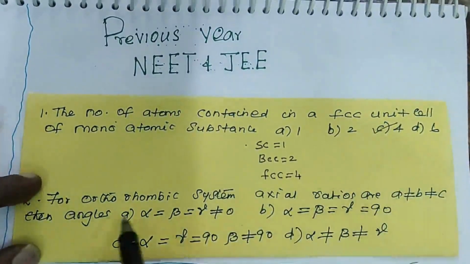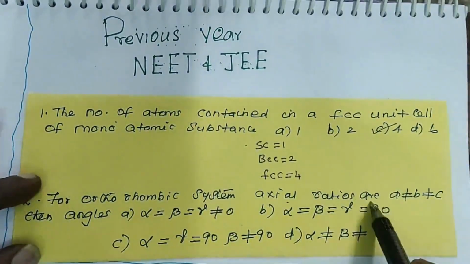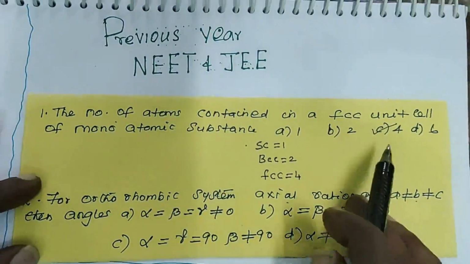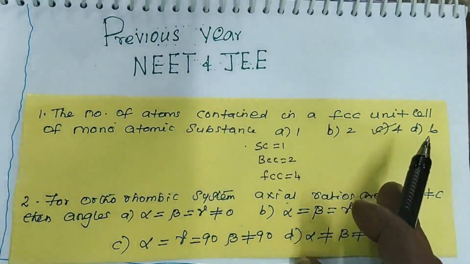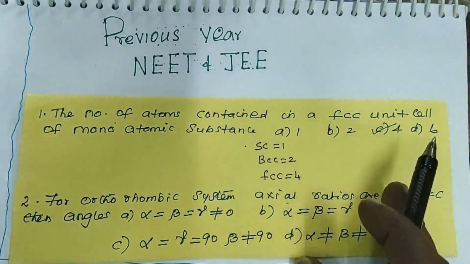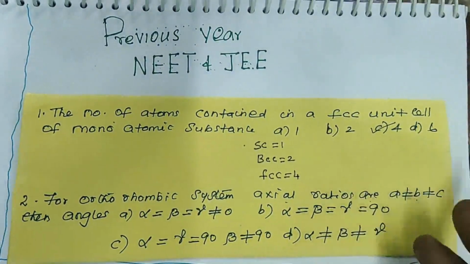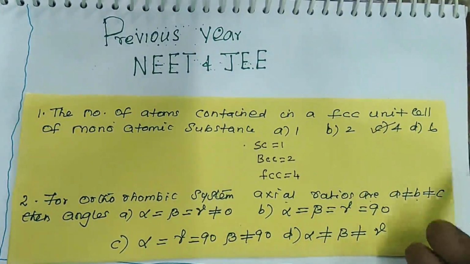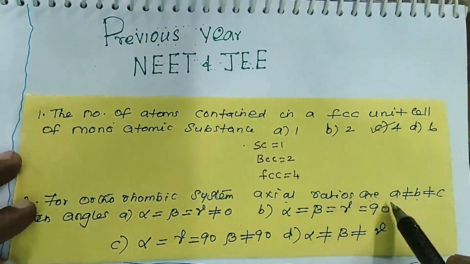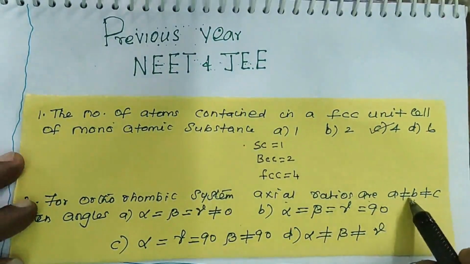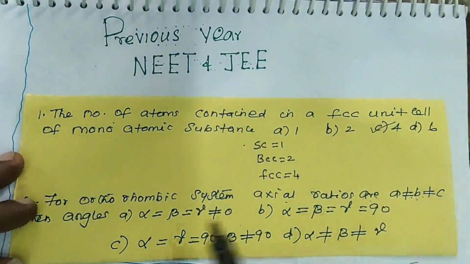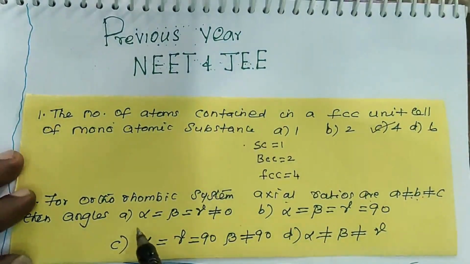For the orthorhombic system, axial ratios are A not equal to B not equal to C. Then angles.